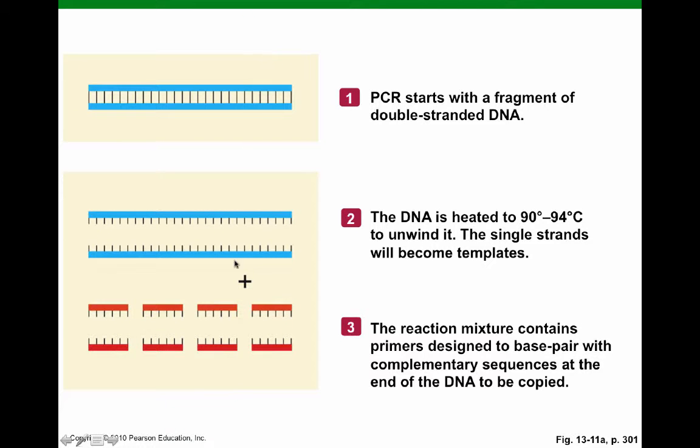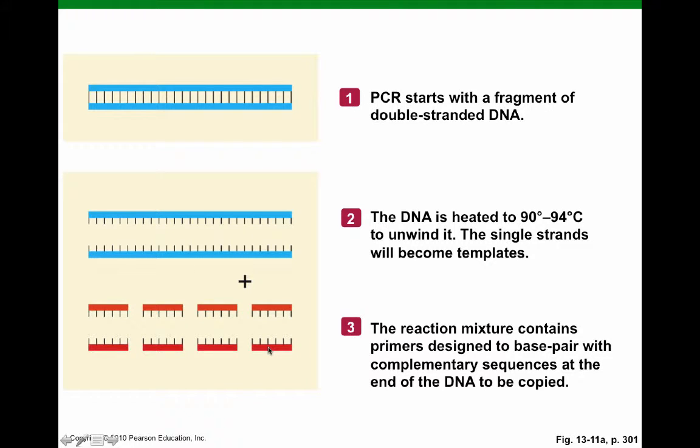So again, just for a visual, you start off with your template. If this is the stretch of DNA that we want to amplify, this would be an insulin gene. What happens here, you heat it up, it unwinds the DNA double helix, and you mix this with these primers that I mentioned.